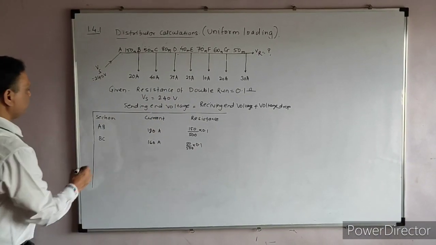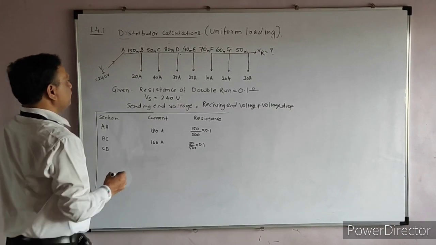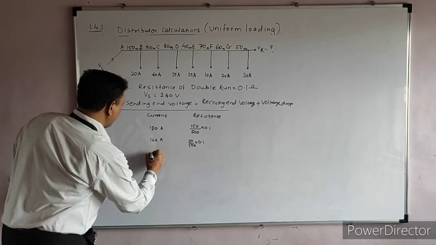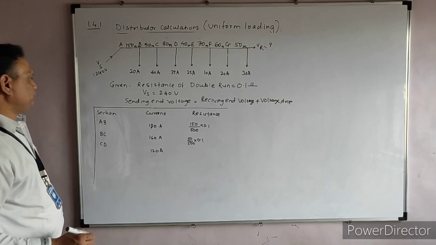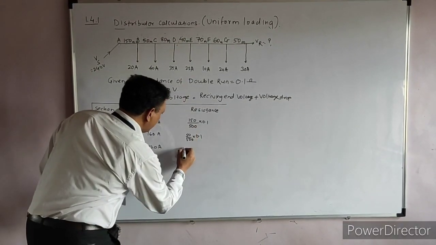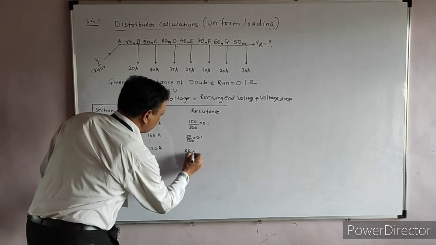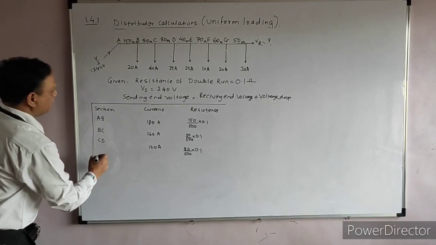Similarly, if you do the calculation for section CD, you will find that the total current handled by the section CD will be 120 amperes, and CD is 80 meters, so we'll say 80 upon 500 into 0.1.